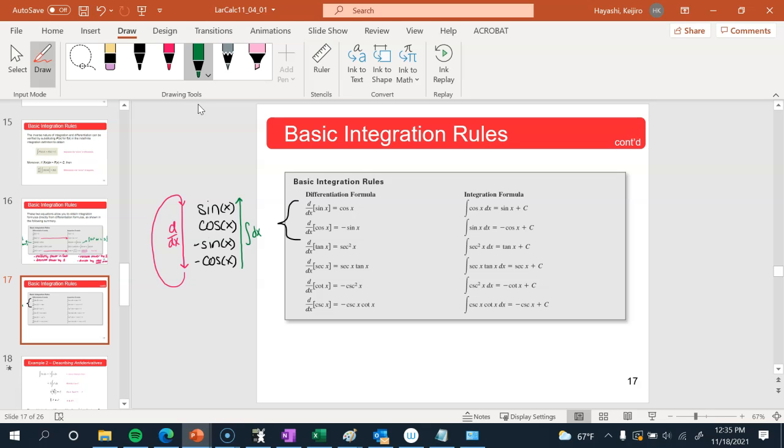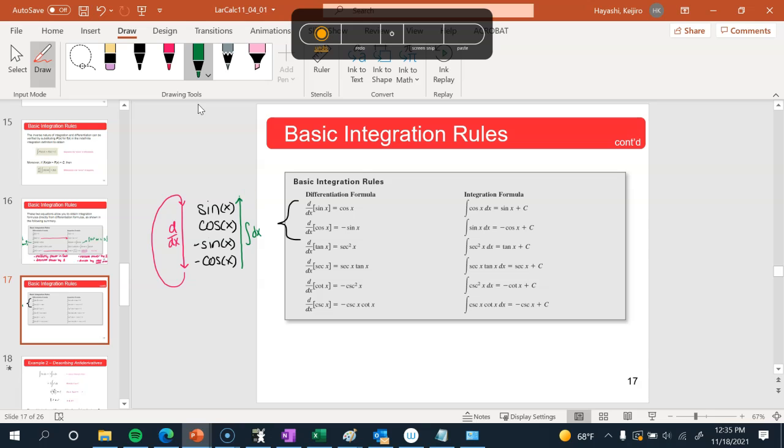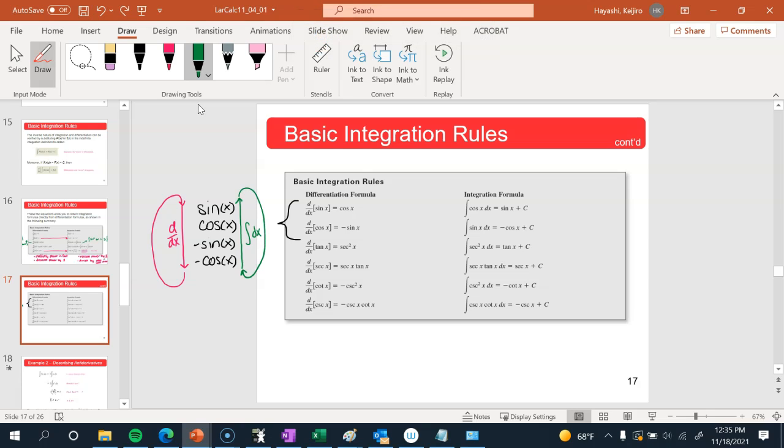The integral of cosine is sine. And the integral of sine we should wrap back around, and the integral of sine should be negative cosine. So it's just the same cycle, just working in the opposite direction to differentiation. So you don't necessarily have to remember anything that's exactly new.